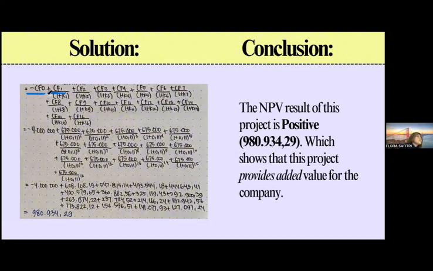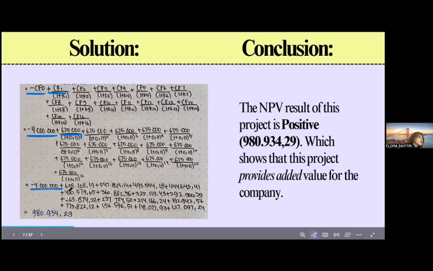The initial investment is minus $4 million, and we include CF1, which is 675,000 divided by 1 plus the discount rate, 0.11, for year 1, year 2 until year 16.